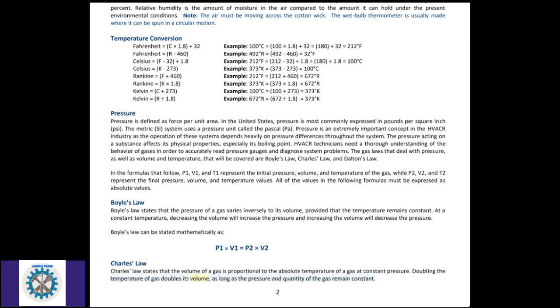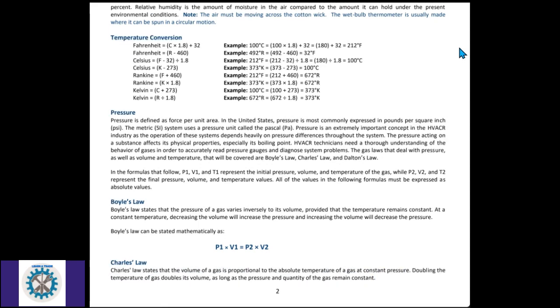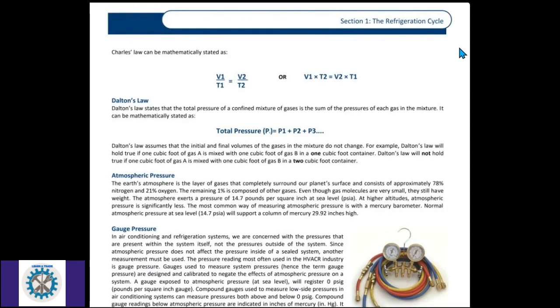Charles's law states that the volume of a gas is proportional to the absolute temperature of a gas at constant pressure. Doubling the temperature of gas doubles its volume, as long as the pressure and quantity of the gas remain constant.